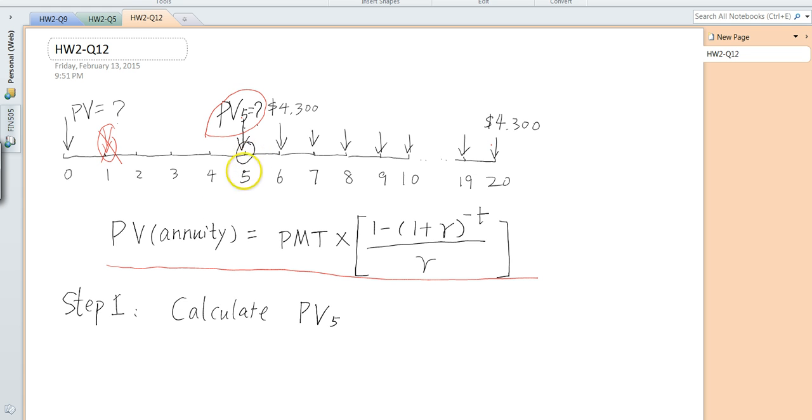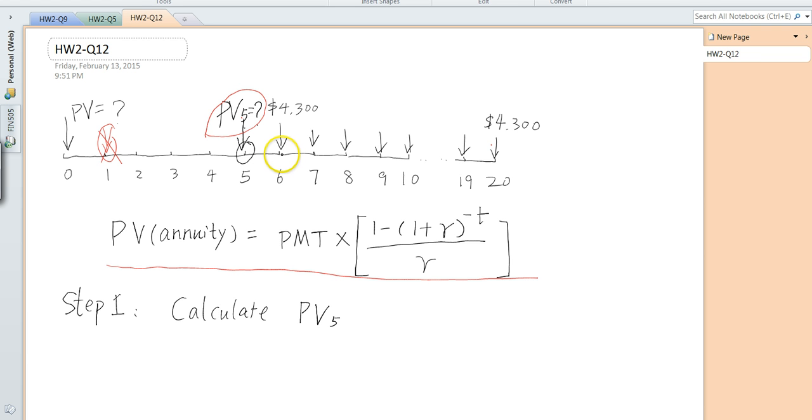Because we want to use the formula for the present value of ordinary annuity, and that formula only applies when the first payment starts from the end of the year or starts from next year. You can see, starts from next year. So that's why we have to move our baseline to year 5, because the first payment starts from year 6.